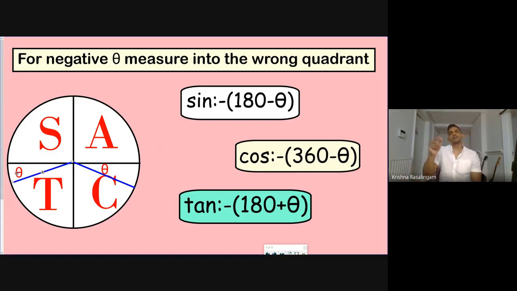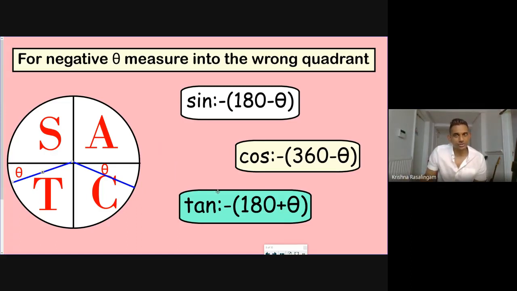Not only do we measure into the wrong quadrant, we measure the wrong way. So instead of going anti-clockwise, we go clockwise. This negative solution would be negative theta, and then we'd have the negative of 180 minus theta for sine, which is what we found when we did the graph in video 1.